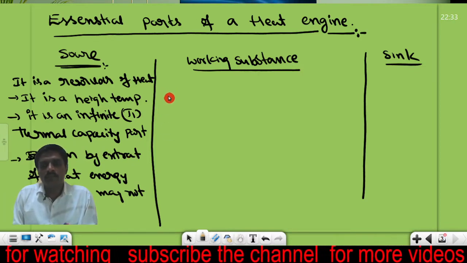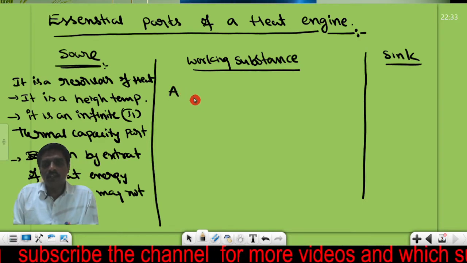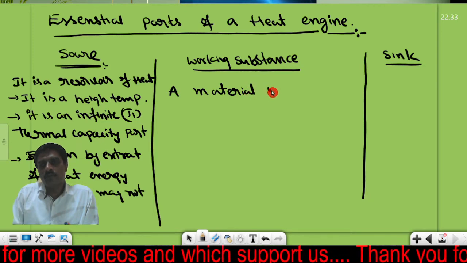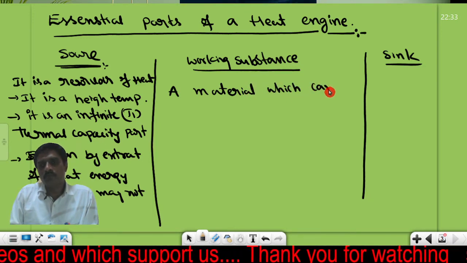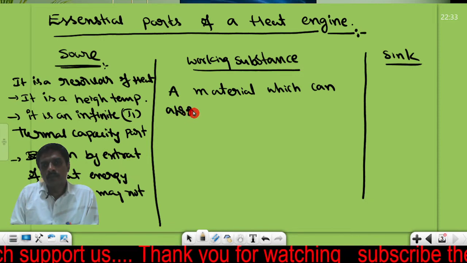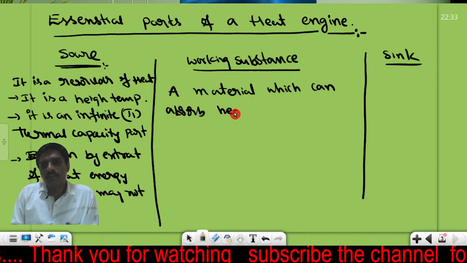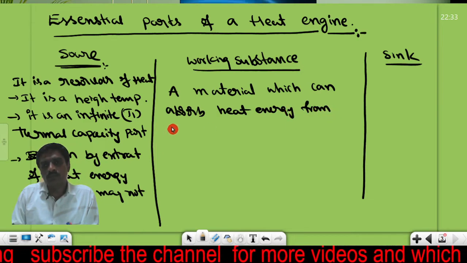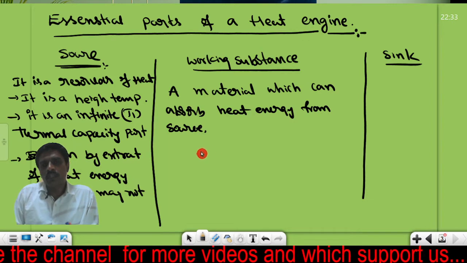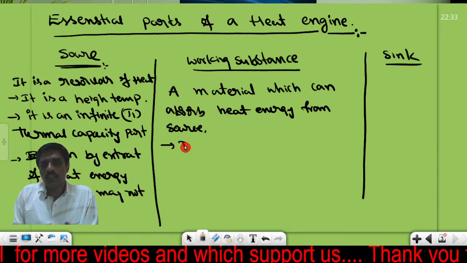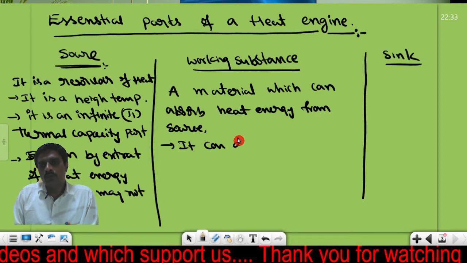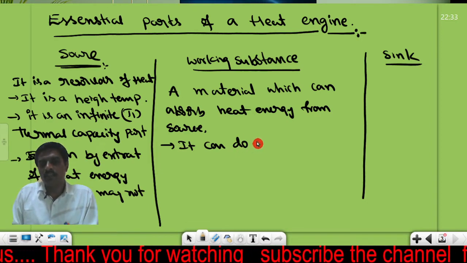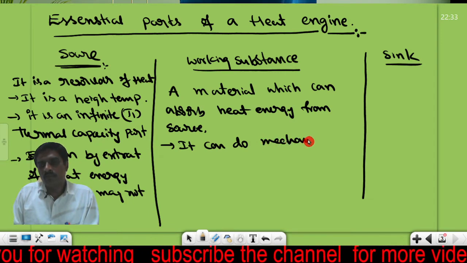So the working substance is a material which can absorb heat energy from the source, and it can perform mechanical work.